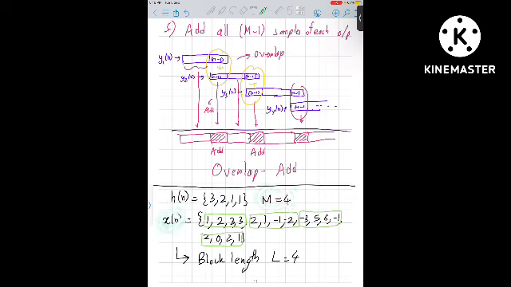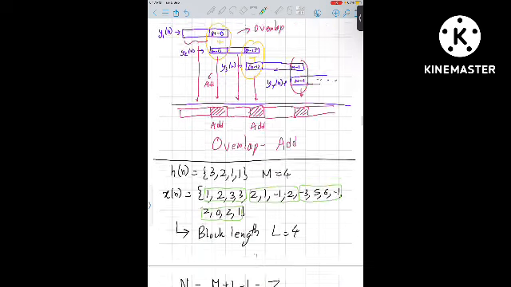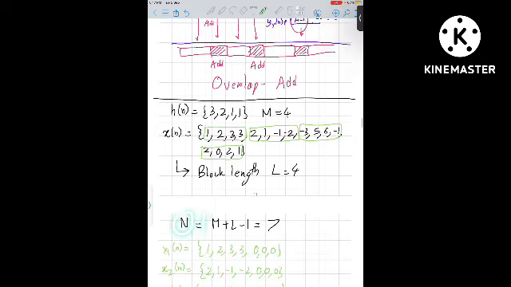Now let us divide our blocks: blocks of 4, another block of 4, another block of 4. So what do I have over here? x1 of n is 1, 2, 3, 3, and I want to make it a 7-point sequence. I have 4 points, so I should add 3 more zeros.